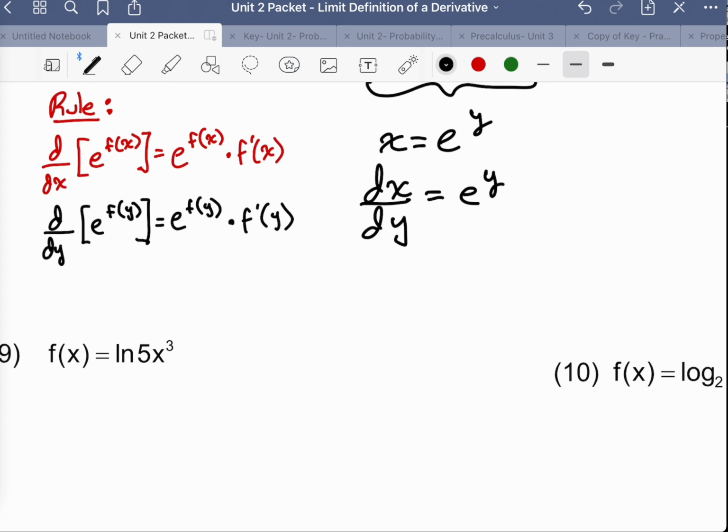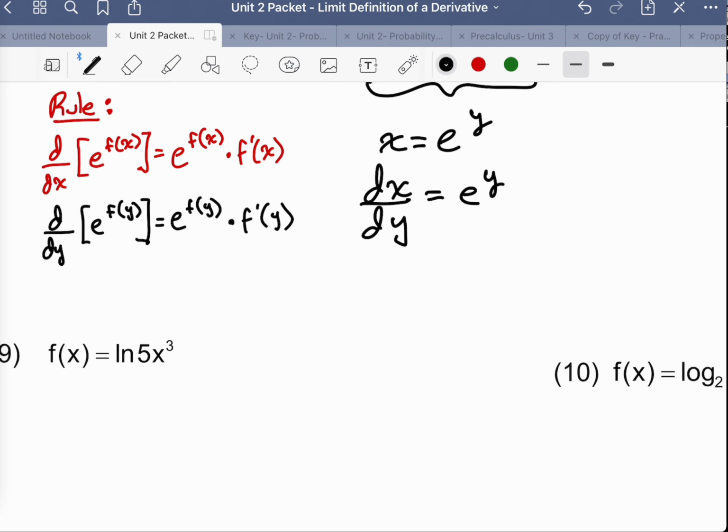I'm just changing my mindset. So I would say if this were e to the x, what would its derivative be? e to the x. All right, it's e to the y. So what would its derivative be? Because we're changing, y is taking on the role of x. So every aspect of y would take on every aspect of x, and therefore its derivative would be e to the y instead of e to the x.